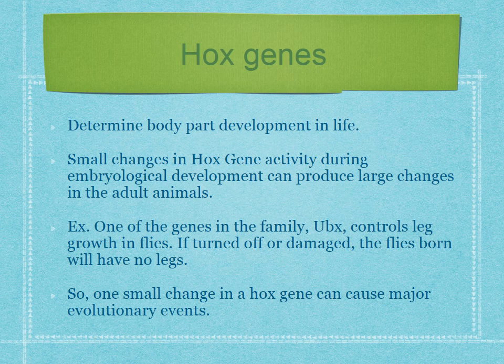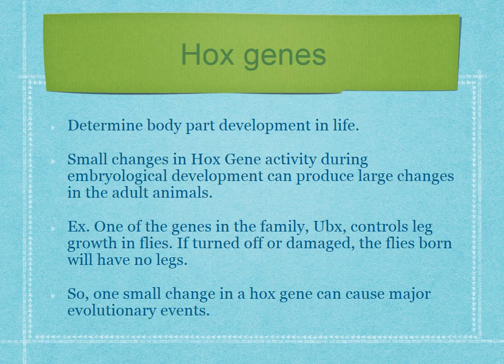And Hox genes determine body part development in life. So when we have small changes in the Hox genes during embryological development, we're going to actually see huge changes in the adult animals. So just a small little change can have huge effects on the adult body. An example of this is one of the genes in the family, UBX, which controls leg growth in flies.